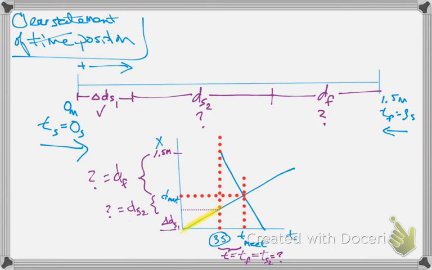So if we look at that, it's not a standard equation, but it is an equation. Because we know that 1.5 meters is equal to how far the slow car went in the first 3 seconds, plus how far the slow car goes in the second bit of time, and how far the fast car goes in the second bit of time.